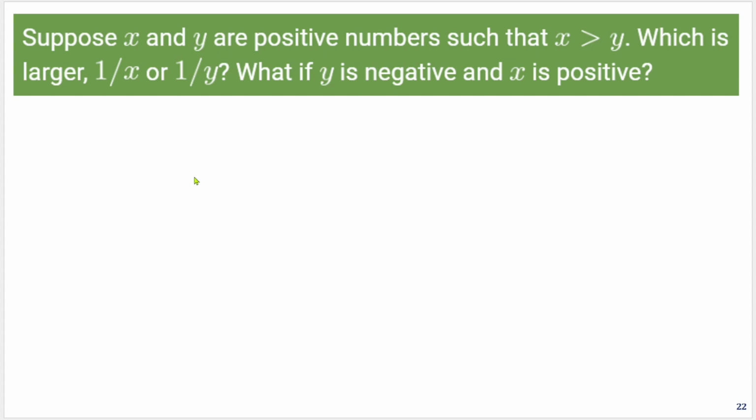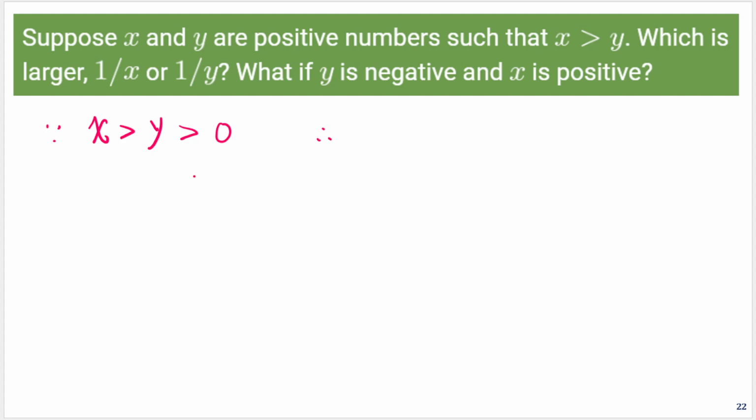Alright, let's have a look at how we can explain this. So originally we have x is greater than y, and both of them are positive numbers, right? So we could state that because x is greater than y, which is greater than 0, this ensures x and y are both positive numbers, right?